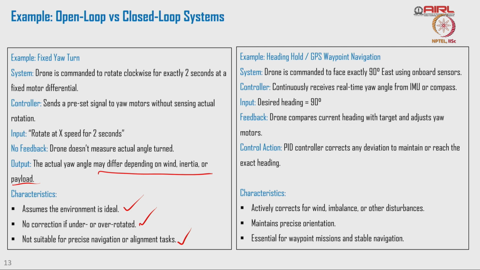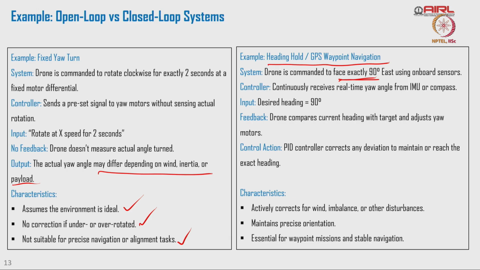Now, having seen the open loop system for the yaw turn, we check the closed loop version and what can happen here. Now it is heading hold or GPS waypoint navigation. The drone is commanded to face exactly 90° east. That is the desired performance we are looking for, and the onboard sensors give the feedback.